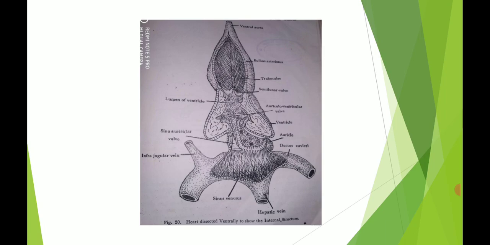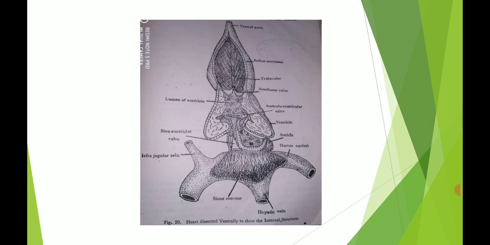This is the ventral internal structure of the heart which we dissected. There is a dissection of the ventral part of the heart, and the various parts are present here. We see the ventral aorta present in the topmost portion.